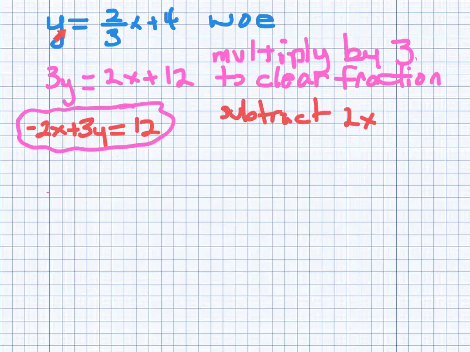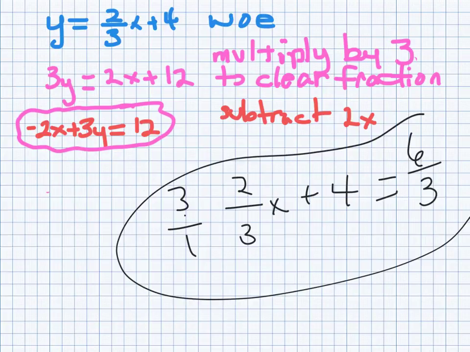Here's another one. We have y equals 2 over 3 x plus 4. That's our original equation. We clear the fraction by multiplying both sides by 3. I quickly wrote it out, and we multiply both sides by 3. We're going to end up with 6 over 3, which comes out to be 2.